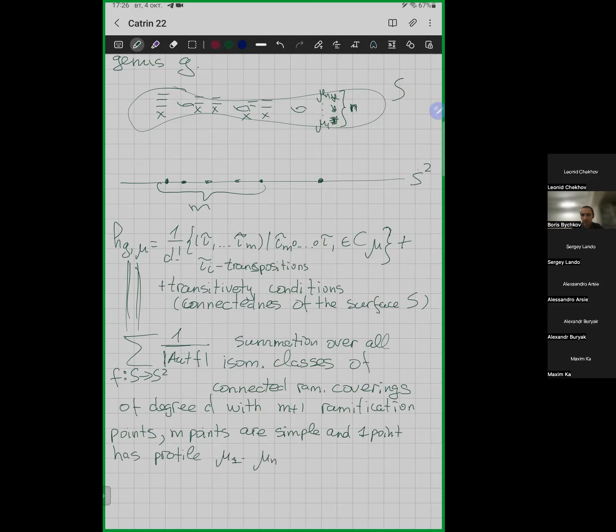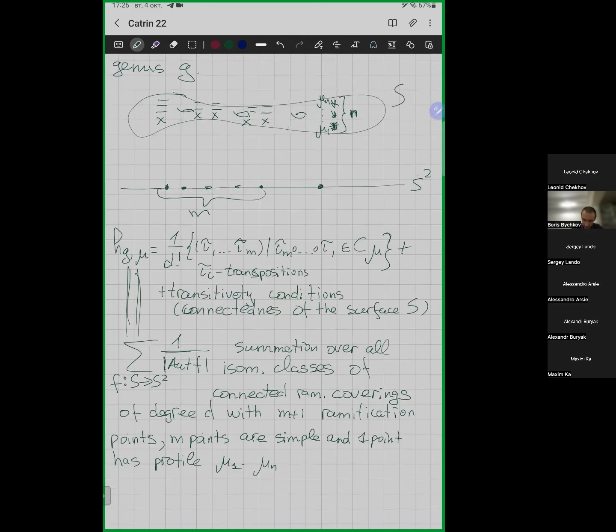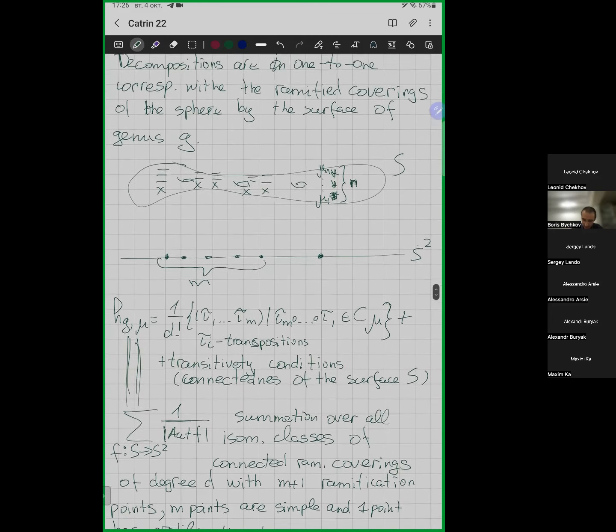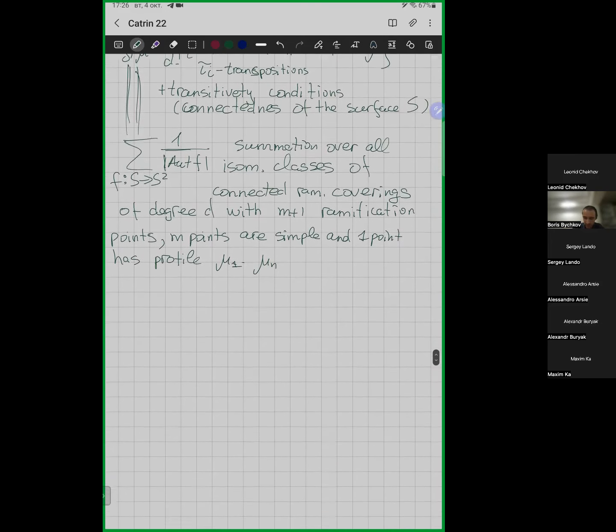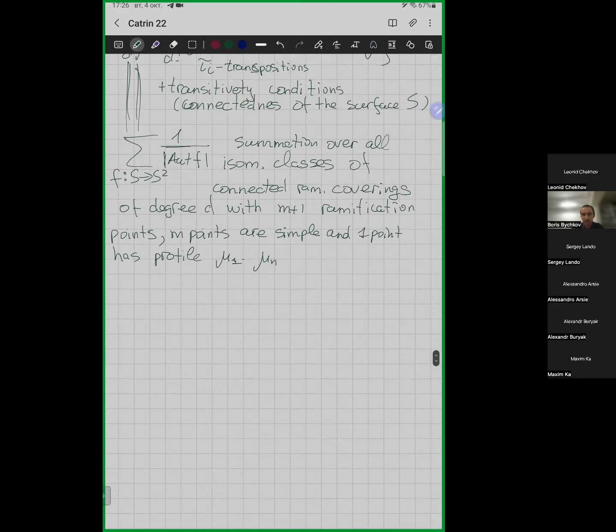Okay, so this is the definition, and there exist ways to compute Hurwitz numbers not only by topological recursion.